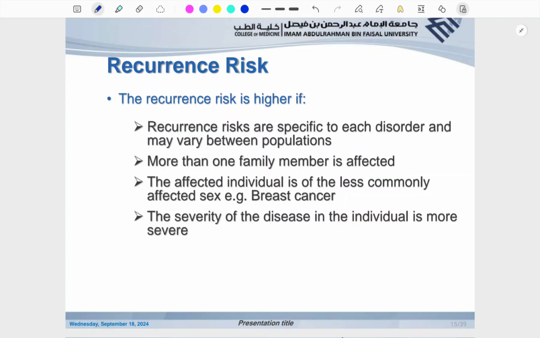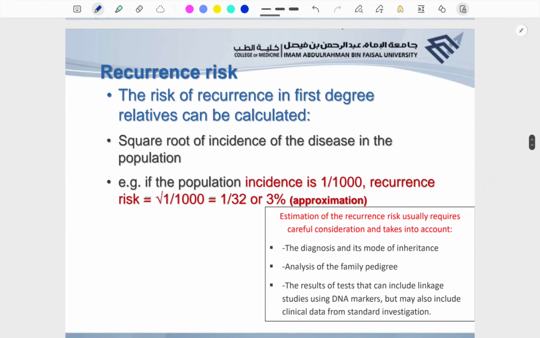Can we calculate it? Yes, we can calculate it, very easily. The risk of recurrence in a first degree relative can be calculated as the square root of the incidence of the disease. So if you have a population with an incidence of 1 in 1,000, the recurrence risk is the square root of 1 over 1,000, about 1 over 32, so roughly 3%. It's a very simple calculation you can do as long as you know the accuracy of the incidence in the population.